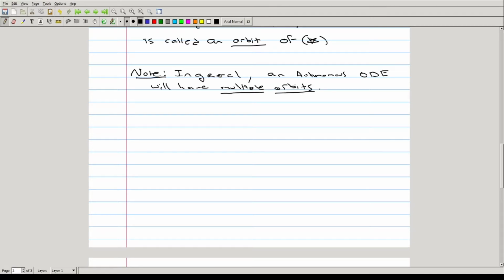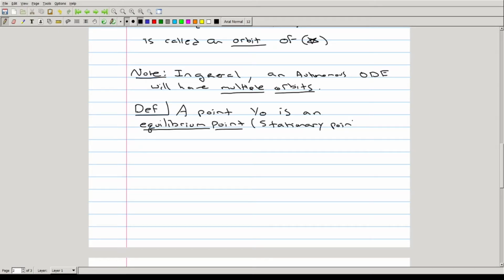Another very important definition that we'll have to make is that of an equilibrium point. And in general, a point y naught is an equilibrium point or a stationary point of our differential equation if the value of f at the point is equal to 0.